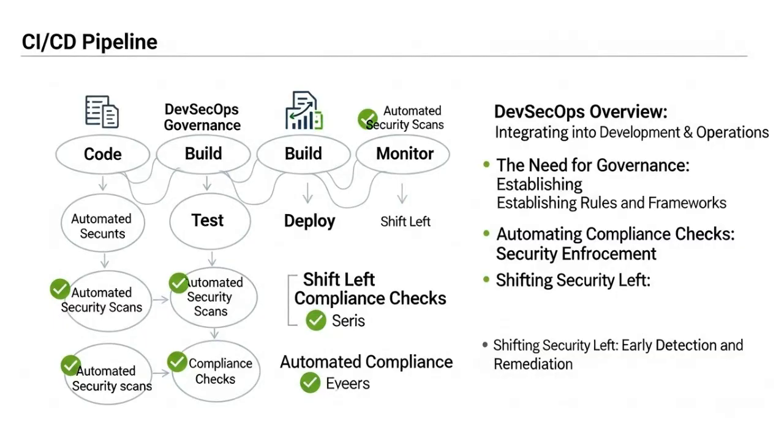Policy as Code, often abbreviated as PaC, is a foundational concept in achieving truly automated DevSecOps governance. It advocates for defining all your compliance rules, security policies, and operational guardrails not as static documents, but as machine-readable code. This approach offers profound benefits.